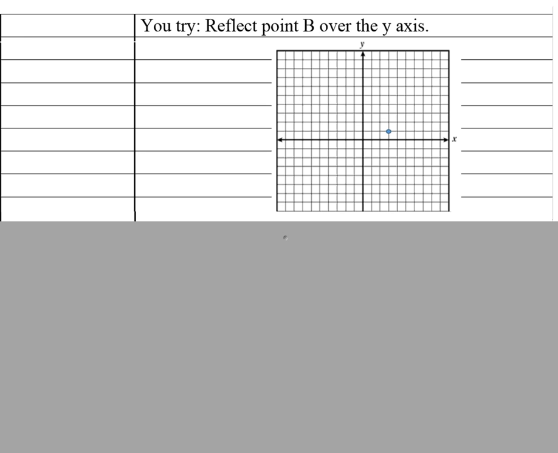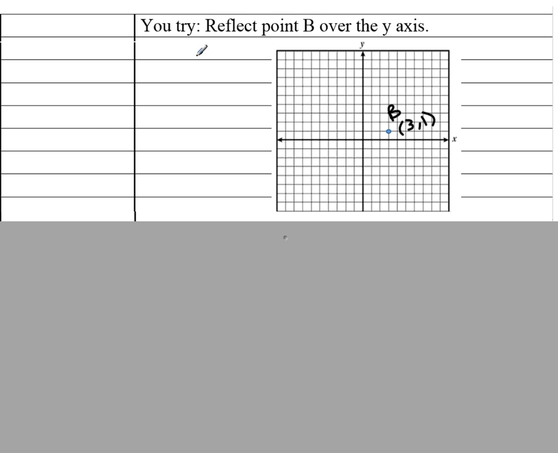Okay, so now you try this example. Go ahead and grab another coordinate plane and plot the point 3, 1 again. And we'll call this point B, but we'll still have it as 3, +1. And we're going to reflect this over the y-axis. So this time we're using the vertical line, the y-axis. And you will want to pause the video and see if you get the same answer as I do.